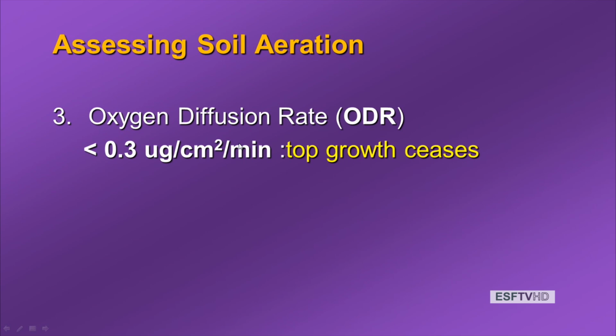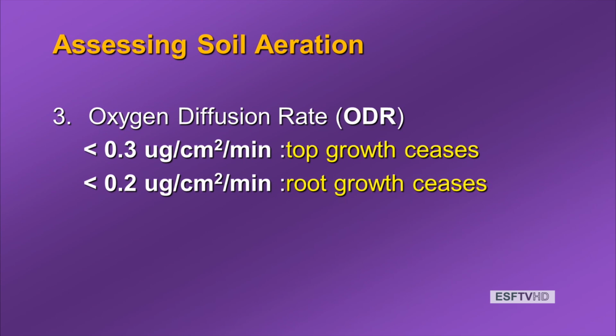It's a rate of movement of a certain amount of gas over a certain area over a certain time period. So when you get below 0.3 of a microgram per centimeter squared per minute, top growth ceases. So here's another measure of a poorly aerated soil: an oxygen diffusion rate less than 0.3 of a microgram per centimeter squared per minute. Okay, that's three.